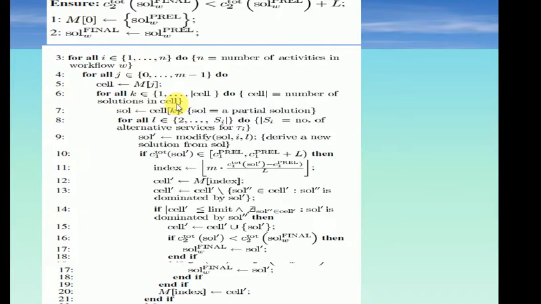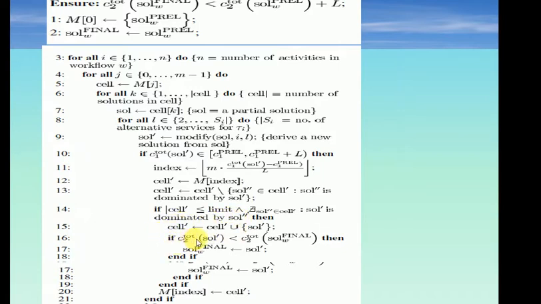Next we'll see in lines 11 to 19, it gives the newly created solutions for which the total primary criteria cost is within the range. And next it explains in lines 14 to 19 the limitation and domination condition, and only if the solution is best, that solution will be moved to the cell, and the cell contains a lot of partial solutions.